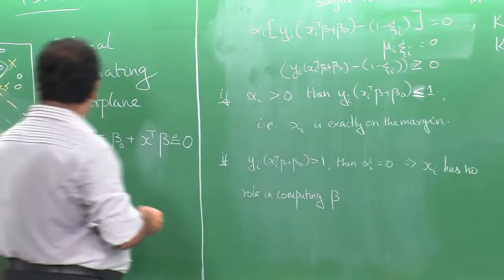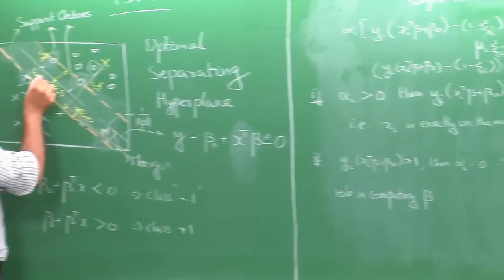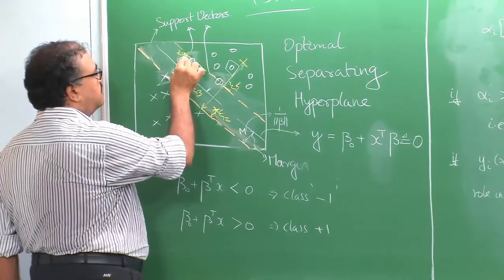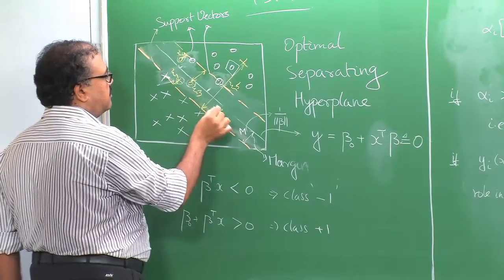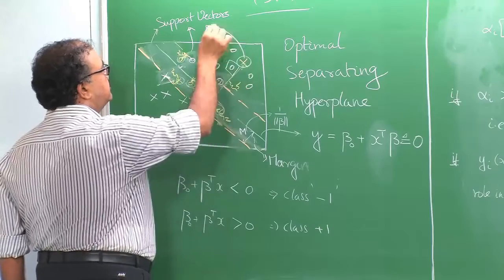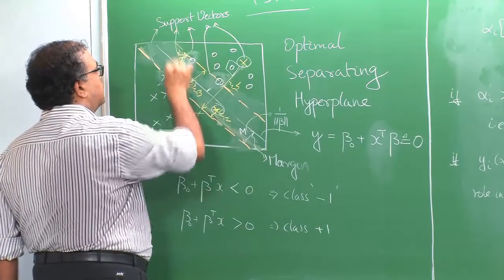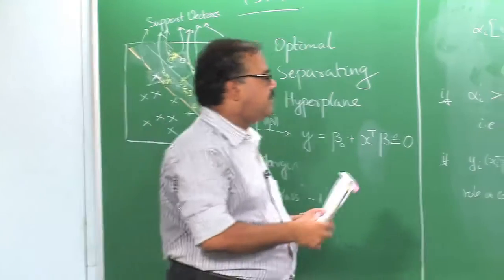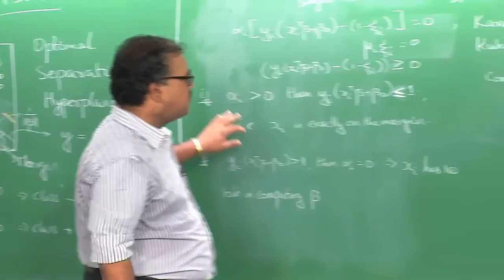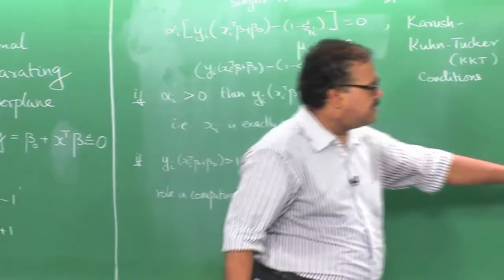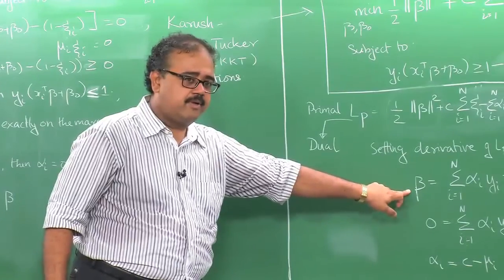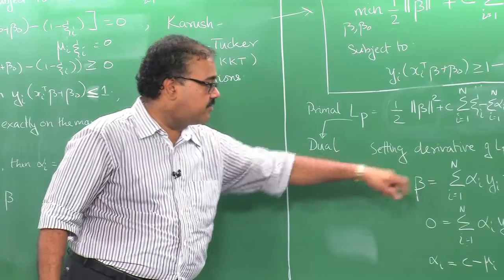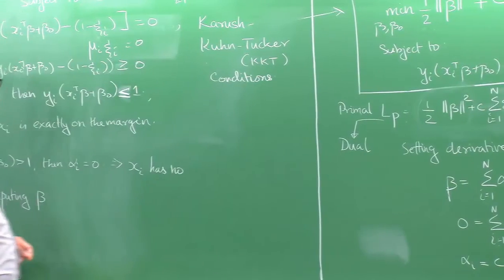So, all the data points that are on the wrong side of the margin are support vectors, because again, like last time, the betas depend only on those vectors for which alpha i is greater than 0.